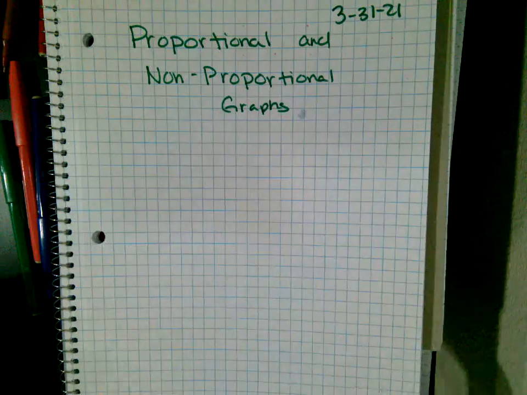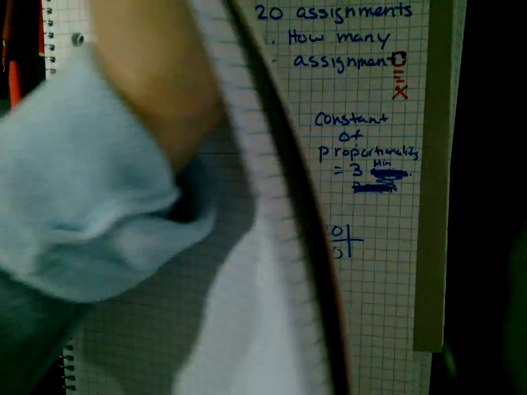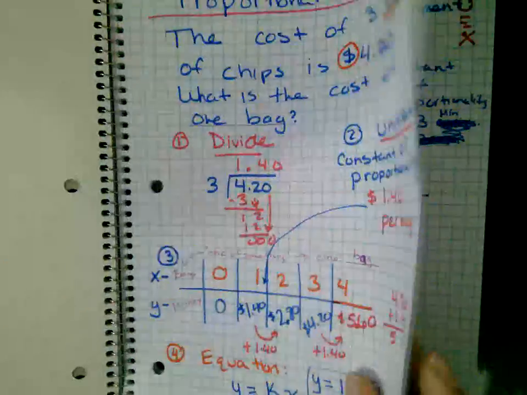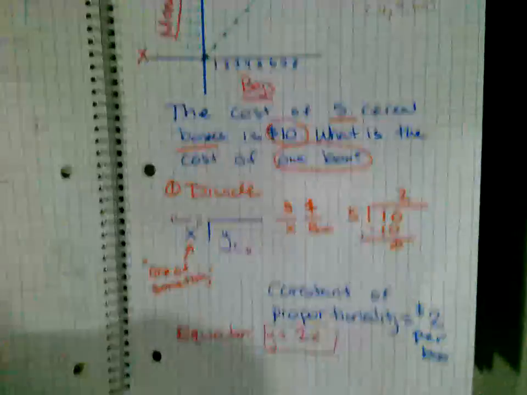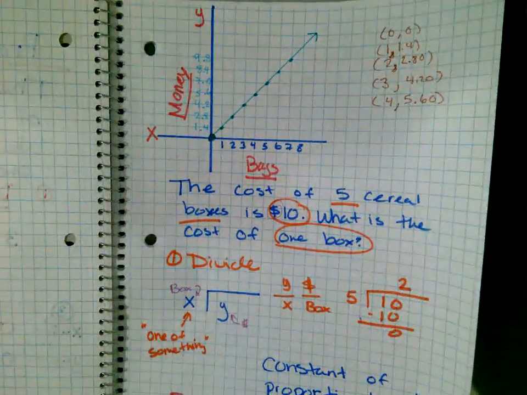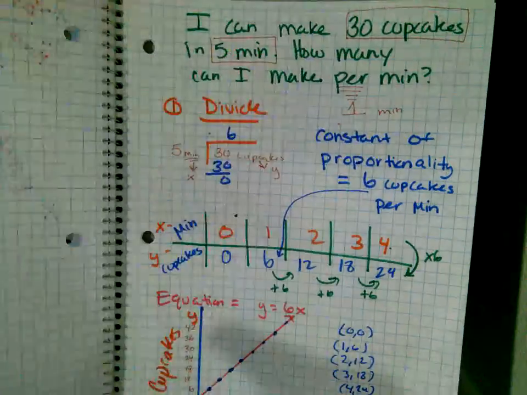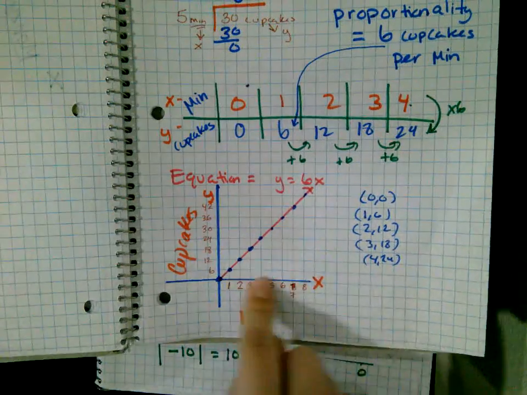All right, so all of the graphs that we've done, they all have something in common. If you look at all the graphs that we have done since the very first time we started graphing, they all have something in common. Actually, two things in common.